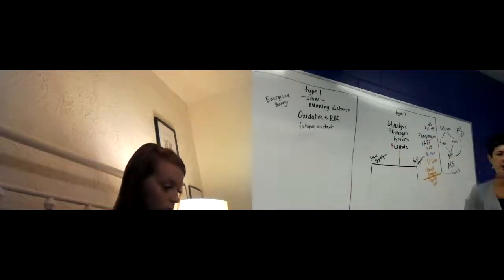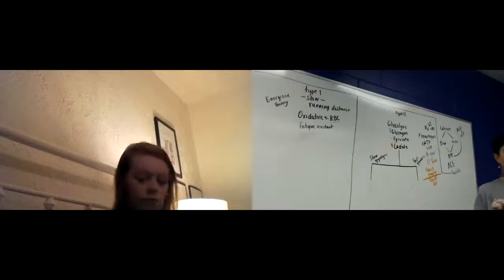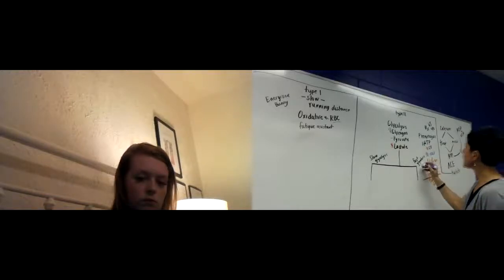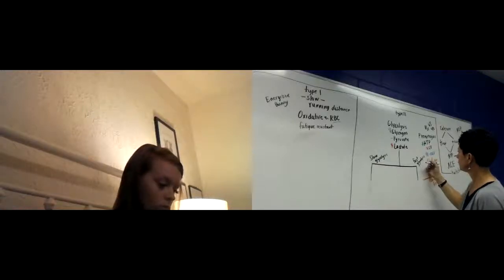Now, let me tell you, go to page 54. Again, these are numbers that I am providing for you. Here, fast glycolysis is typically going to go from 80 to 90%.